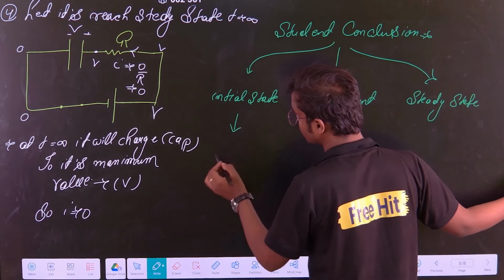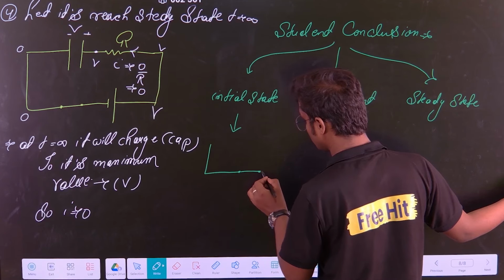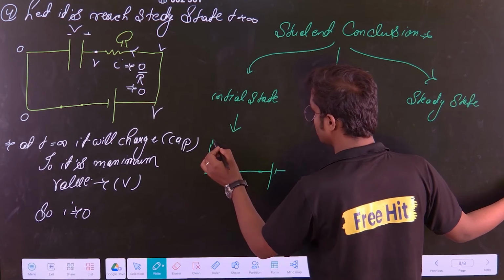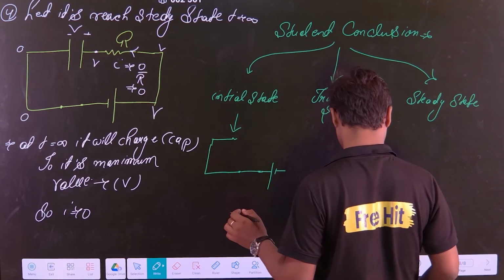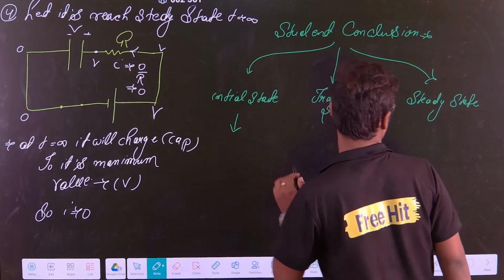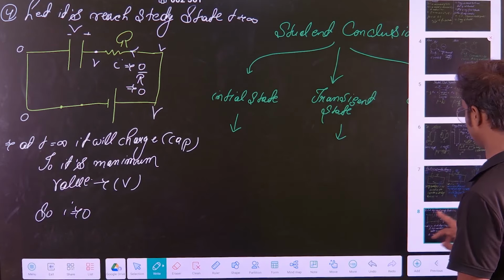In the initial condition, we have seen that if my switch is closed, and there is a battery, let me make it simpler for you. What we have seen basically, in the initial state, let us come here.